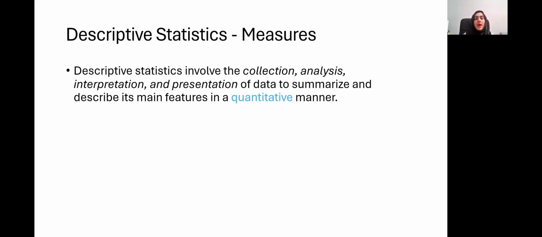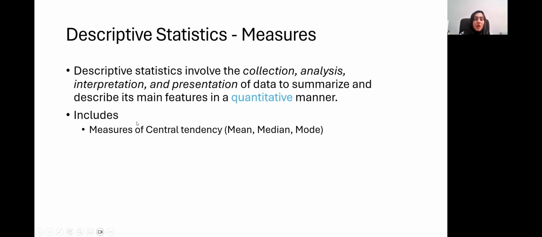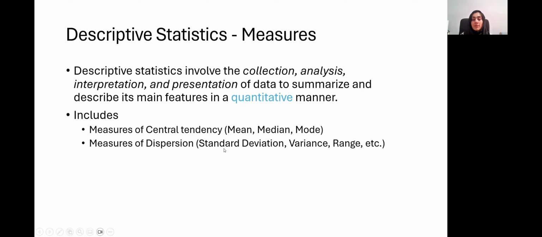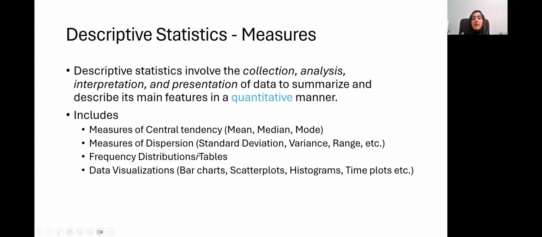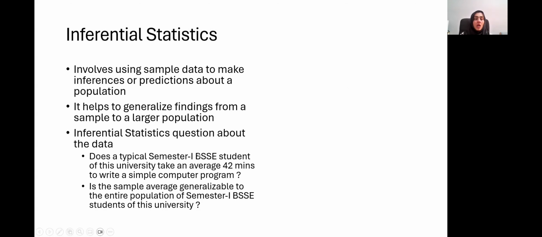So instead of having to remember many individual different values, we just need to know a few quantities to make decisions. And these include measures of central tendency, which we will be looking at in the next video, measures of dispersion, which we will be discussing in one of the coming videos, frequency distribution tables, data visualizations, and the measures of shape.